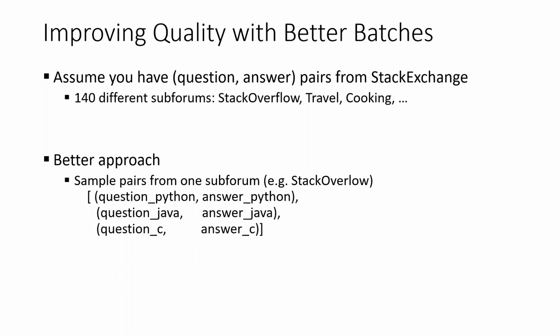A better approach would be that you sample pairs from one subforum. So you take one subforum, for example Stack Overflow, and then in your batch, you just have questions from Stack Overflow. You have a question from Python, a question from Java, a question from C with the respective answers. And now the model must not only identify, okay, this is a programming question, but must identify, okay, this is a programming question about Python.